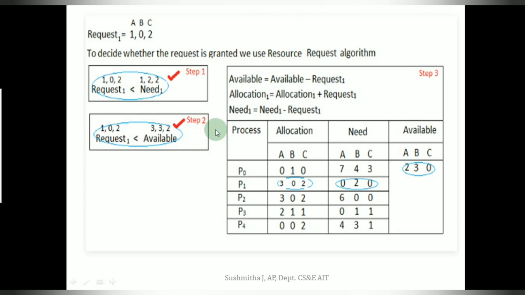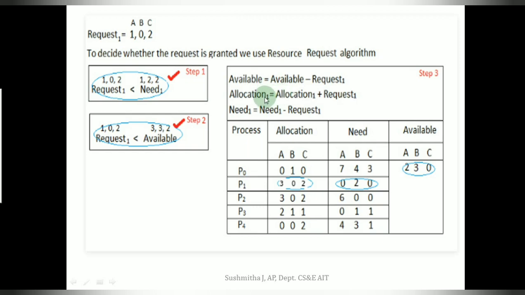So what is step 3? In step 3, we change these vectors and matrices. The available becomes available minus request, so your new available is 230.